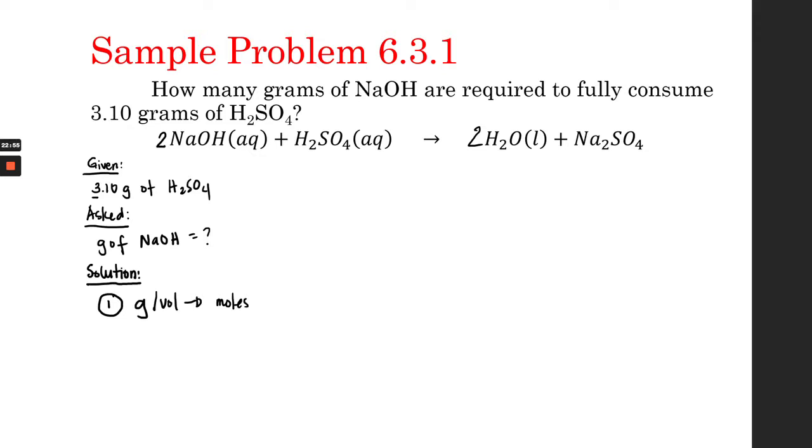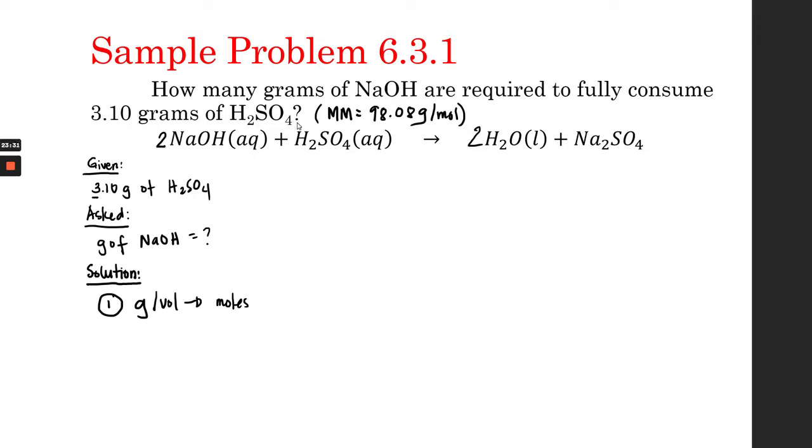So it's basically getting the molecular weight of H, S, and O4. So basically, the molar mass of H2SO4 is actually 98.08 grams per mole. If you guys do not remember how to get the molar mass of a substance, you can go back to the previous lesson.